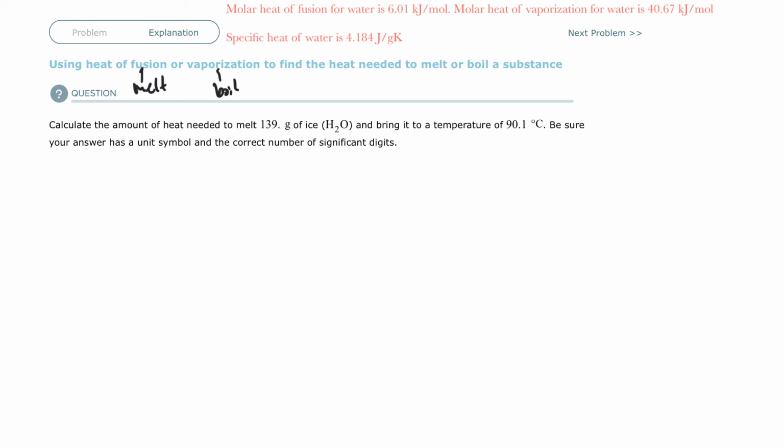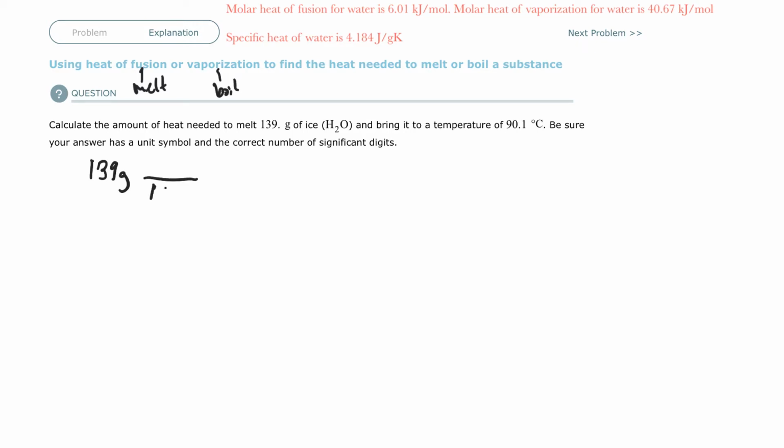Since it says at the top it's kilojoules per mole, I can't use grams. I have to have moles. So I need to take this 139 grams of ice.